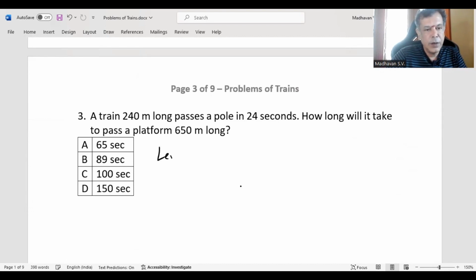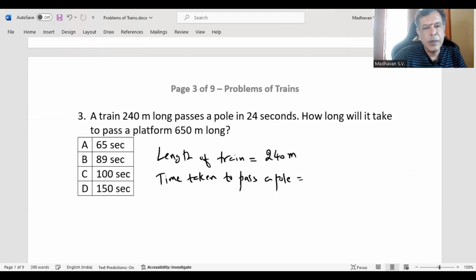So the length of the train is given as 240 meters, and the time taken to pass a pole is given as 24 seconds.